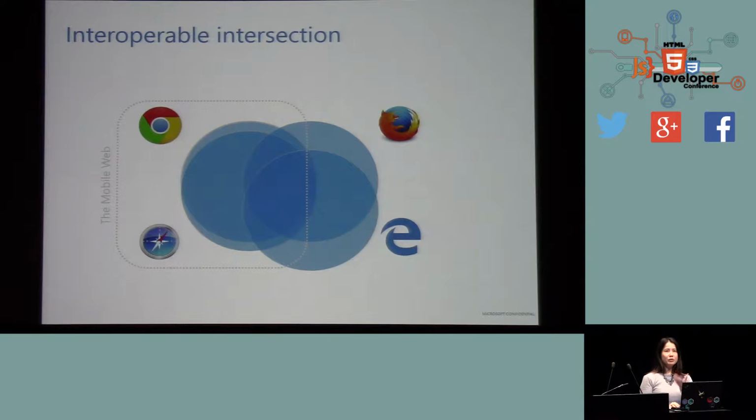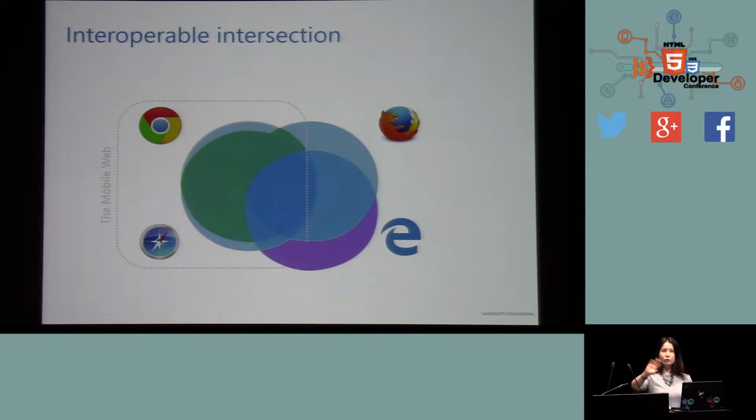Now, the design principle for Edge, this is our new logo for Edge, is that we want to remove all the IE-specific code as much as possible. And we want to support more of the overlap among all the browsers. So interoperability is really, really important in our design principle for Edge.